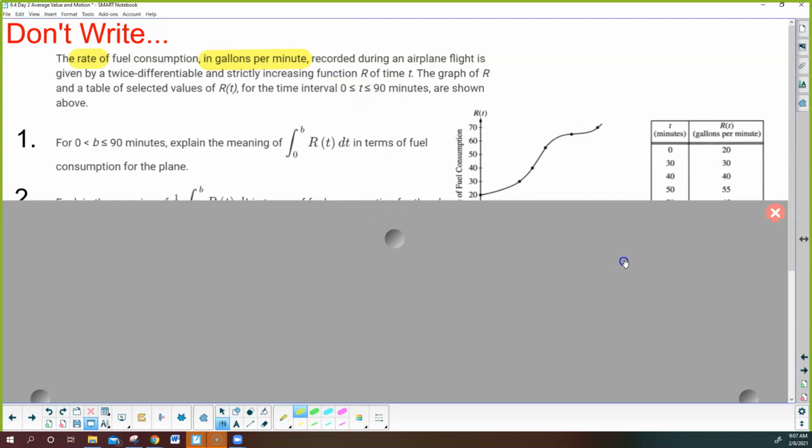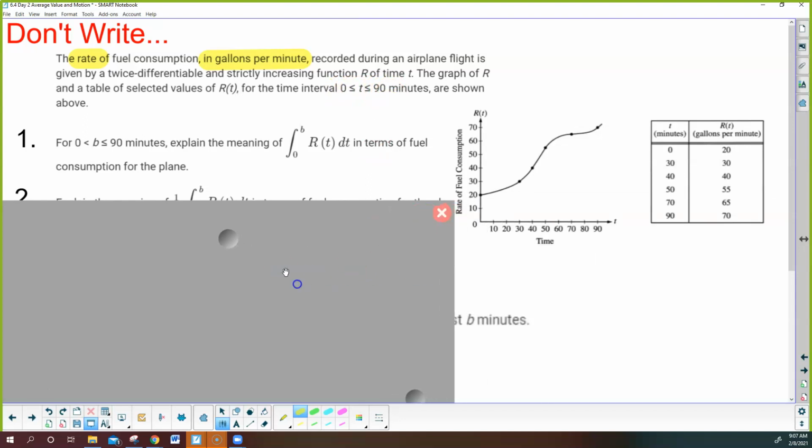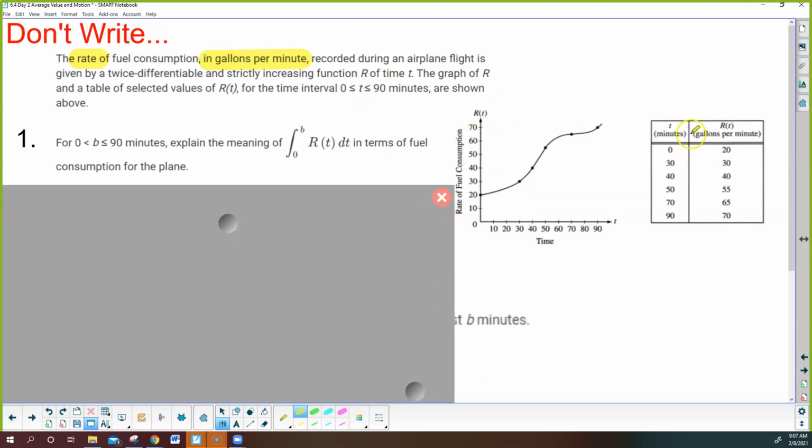So look at the first question. Actually, I'll show you the table. So here's the table, and here's the graph of R. Now, both of those, these are equivalent. So it says from 0 to 90, explain the meaning of this. And what does this mean?